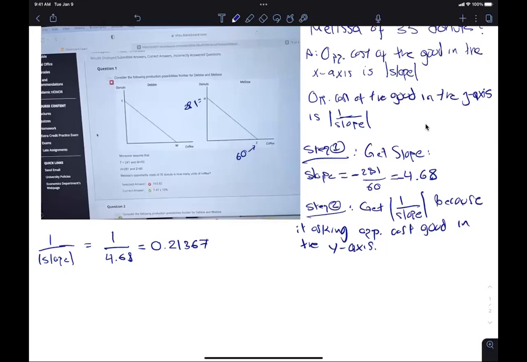The more decimals you use, the closer your answer is going to be. Now I've got the 1 over the slope.